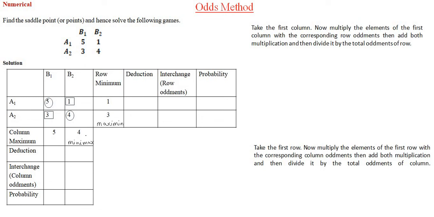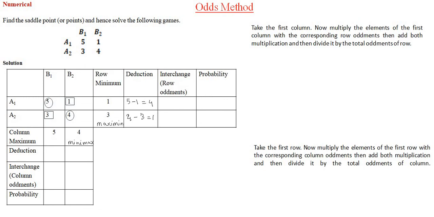Now, in order to solve the game using the odds method, first of all we have to find the deductions, row wise as well as column wise. For the first row, the deduction would be 5 minus 1, that is 4, and for the second row it would be 4 minus 3, equal to 1.